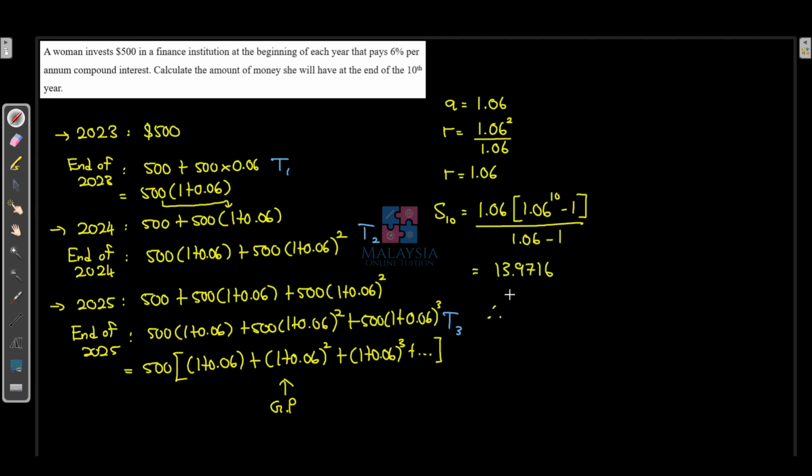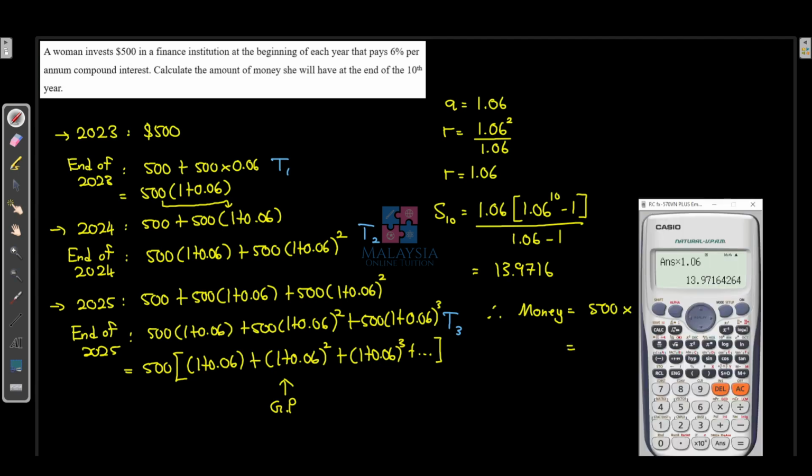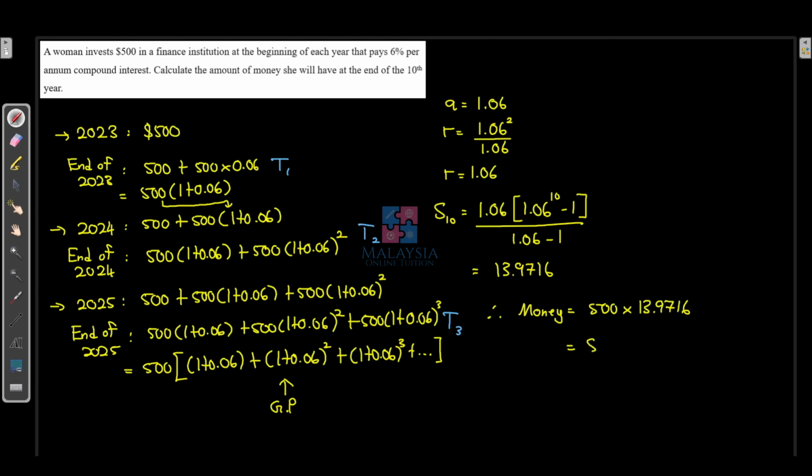Something like this. So for the amount of money, the 500 multiplied with the 13.9716. Now the amount of money that she has at the end of the 10th year is $6,985.82.